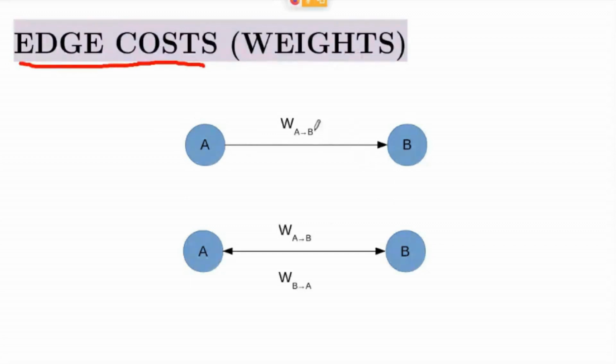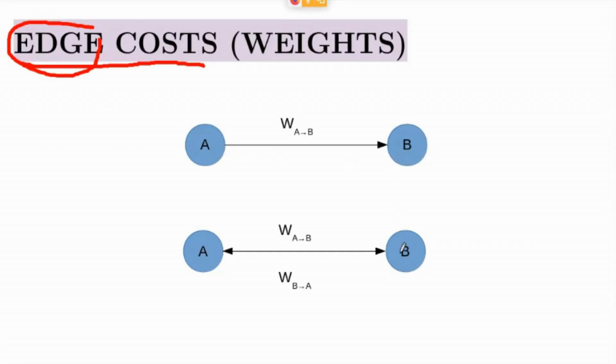You have an associated weight that puts into numbers how much it costs to go from A to B, being A and B neighbors, because they are connected by an edge. So these are what we call weights. As you can see here, this is the weight from A to B, because this is a unidirectional graph. You can go from A to B, but you cannot go back from B to A.